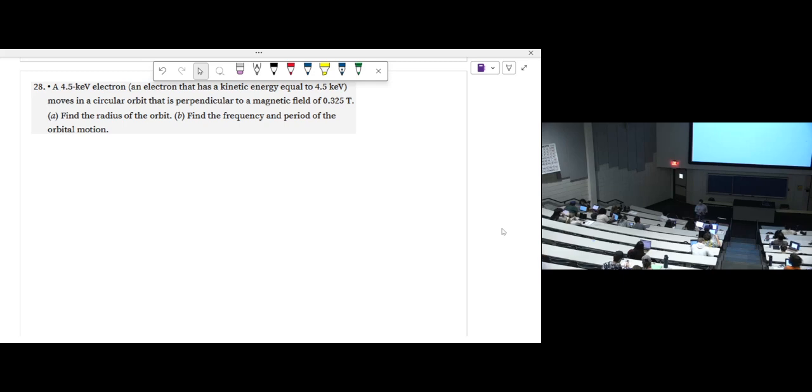A 4.5 keV, kilo electron volt, remember that's going to be, actually let me ask you guys, keV, what is that telling us in terms of the characteristic of this particle here? Why did it give us this obscure unit? Does anybody know?